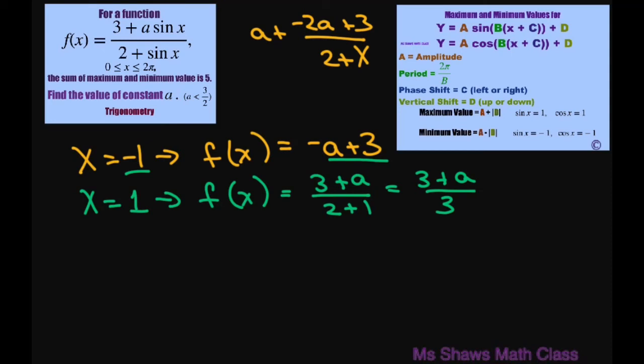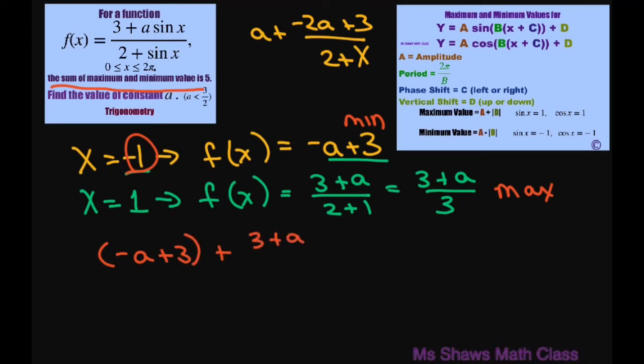So now this is your minimum value for negative 1. This is your maximum value. And so what we're going to do is add them up because it says the sum of those two is 5. So we have negative a plus 3 plus 3 plus a divided by 3 equals 5.